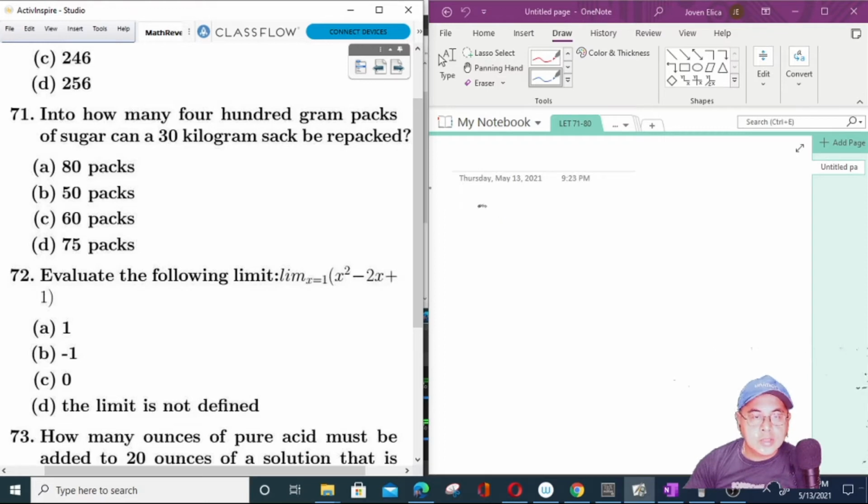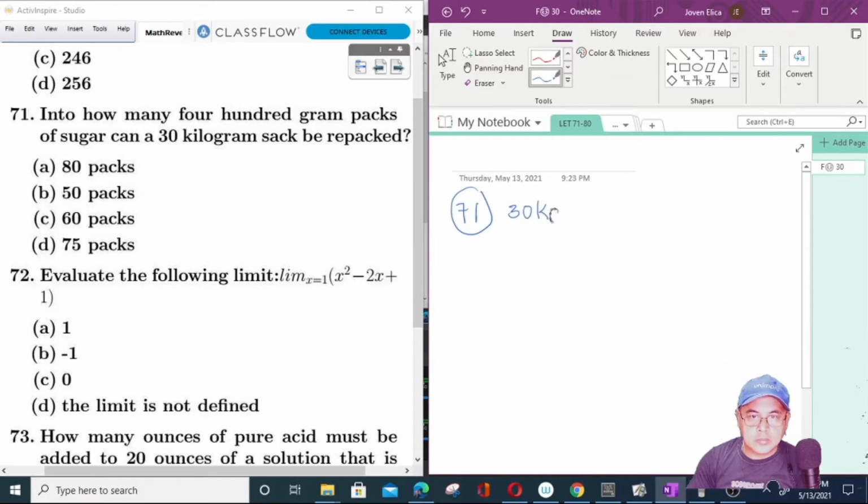We just have to analyze the given problem. The given is a 30 kilogram sack of sugar to be repacked into 400 gram packs.